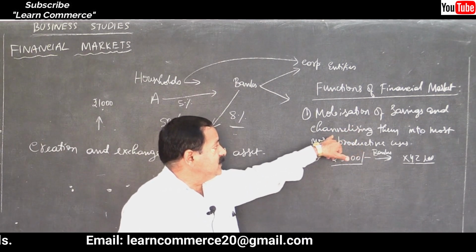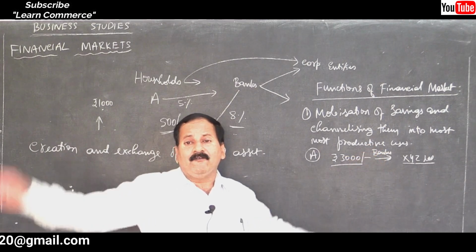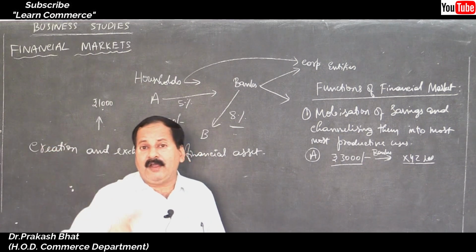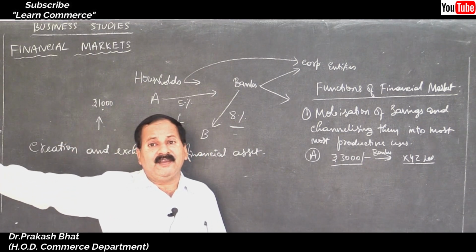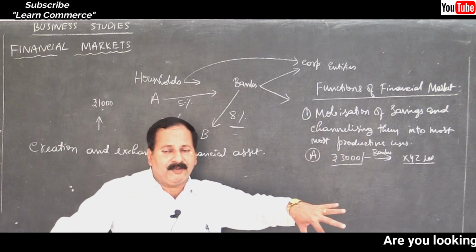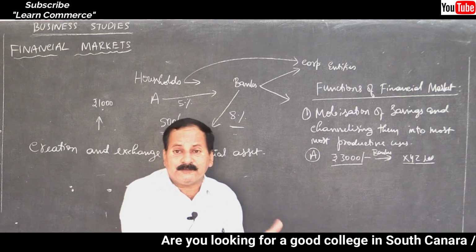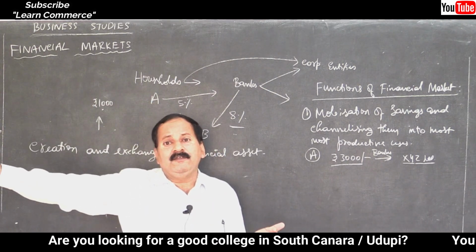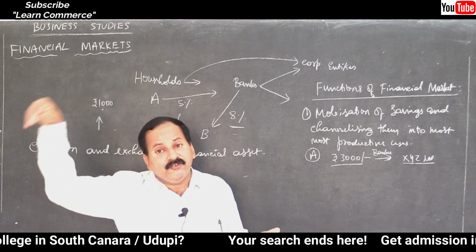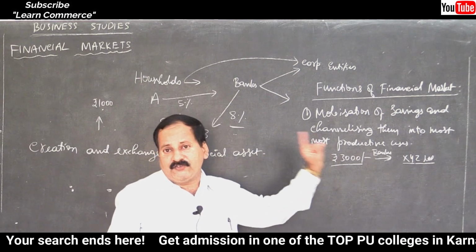So mobilization of savings and channelizing them into most productive uses in the sense wherever the money is required, wherever there is shortage of funds, we have to divert the money to the area where there is requirement. Where there is no requirement, the saver has no requirement of that money for the time being. So the excess fund has to be diverted to the area where there is requirement, isn't it? Where there is shortage of funds. So this is one of the functions that is performed by financial market.